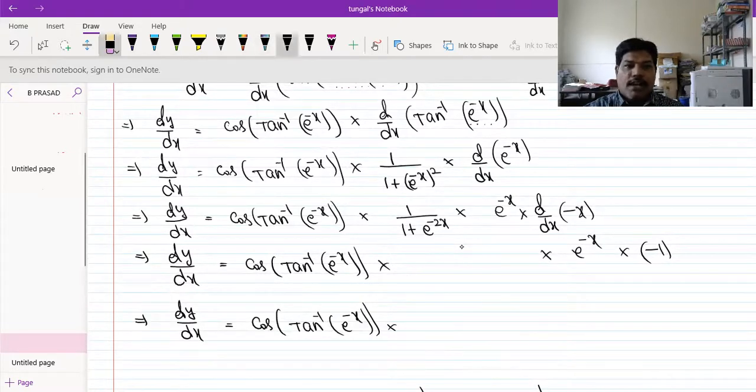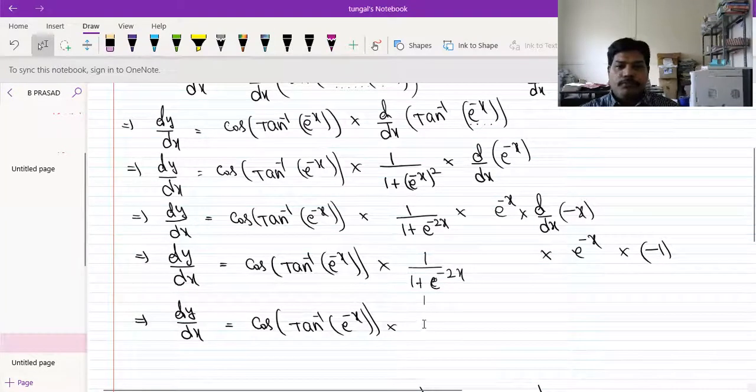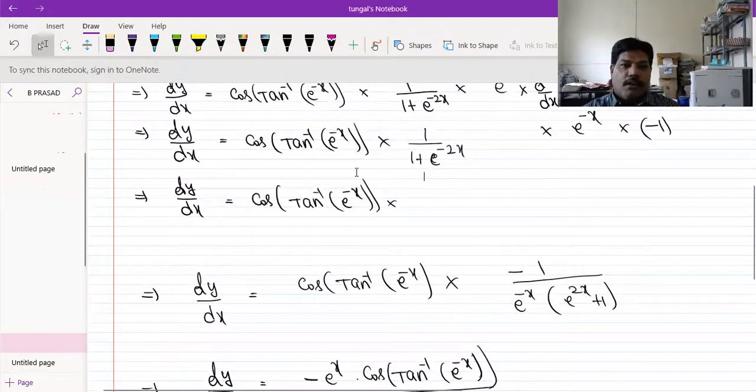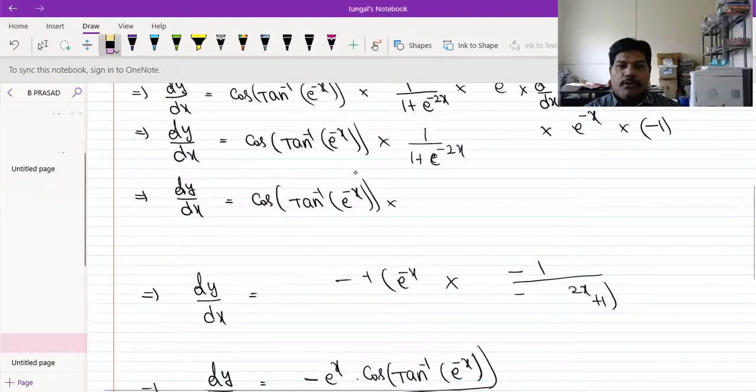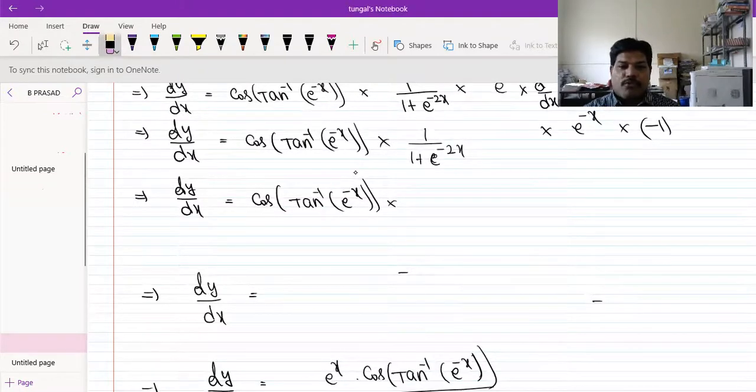If you are not taking the common, what will we get? It will remain the same, 1 by 1 plus e power minus 2x. There is no need to take e power minus 2x common.